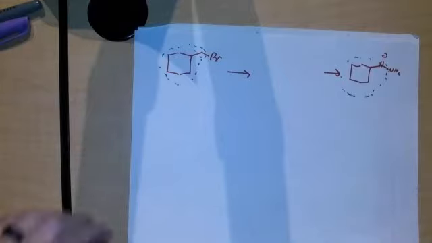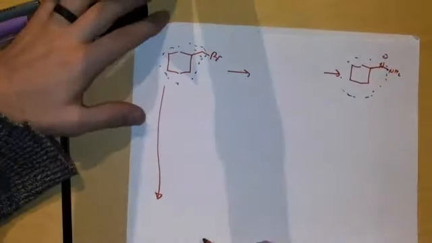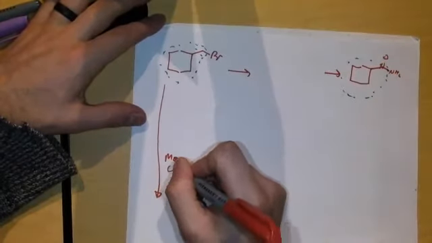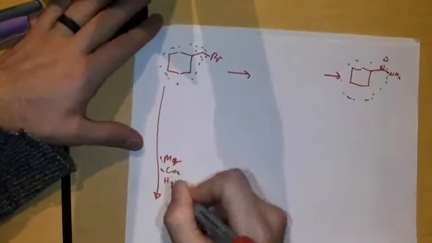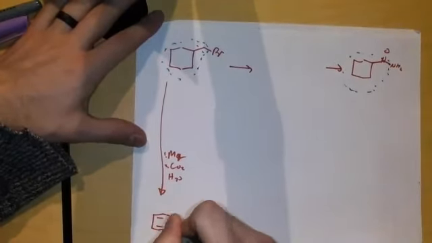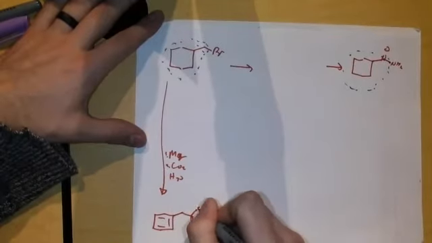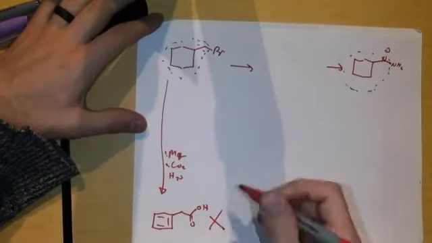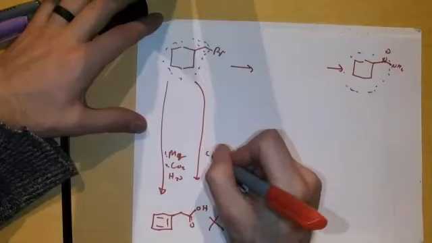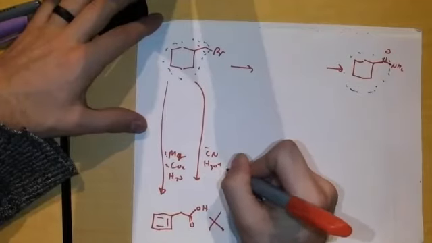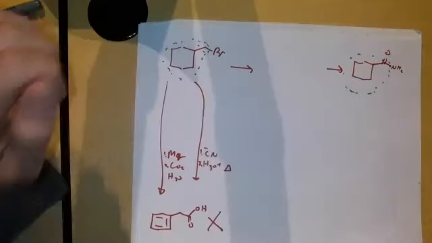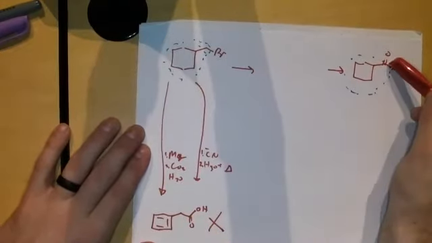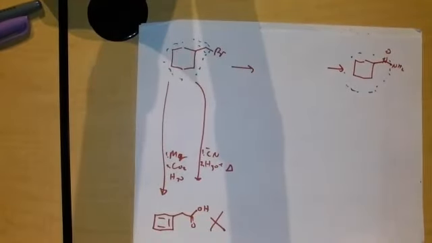If I try to throw in either Mg, CO2, and water, I'm going to end up with one extra carbon more than I want. Same thing if I do the CN minus, H3O plus and heat. Both of these give me an extra carbon. I have two carbons off the benzene ring, but in the final product I only have one, so we don't need to go through that pathway. That's not going to get us anywhere.